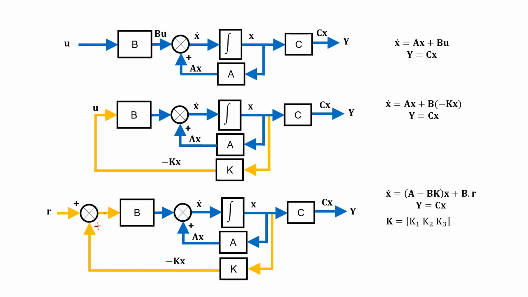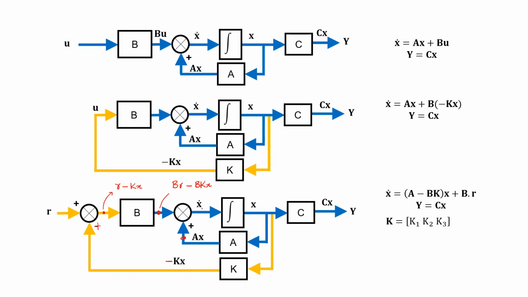Now if you write the signal here, what is the signal here? The signal here is r minus Kx, and then we multiply it by B matrix. So the signal here is Br minus BKx, and this is Ax here.